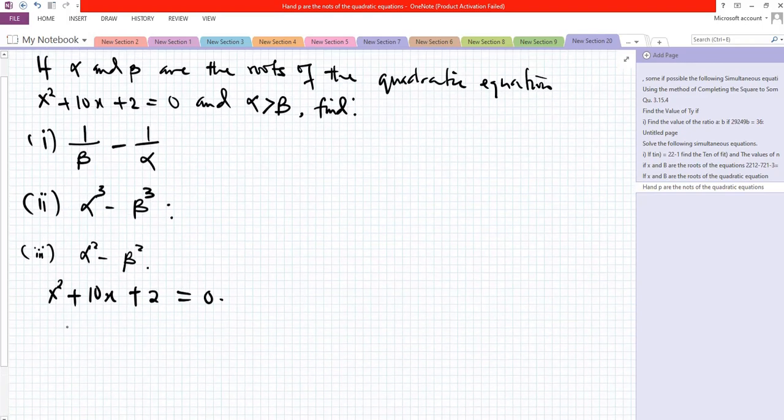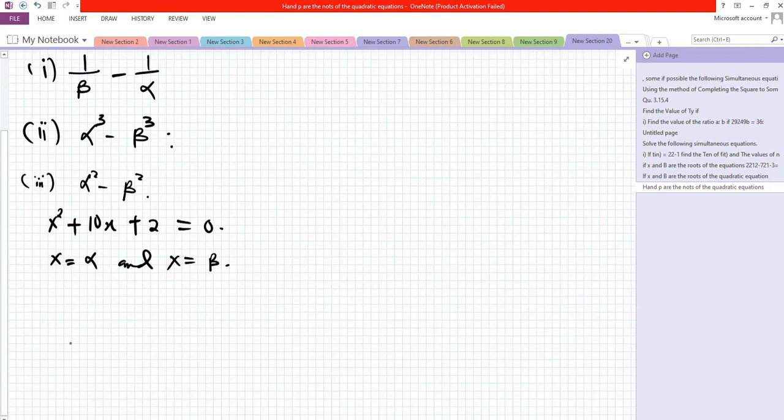Since the roots of this expression are x equal to alpha and x equal to beta, adding minus alpha to both sides, you have x minus alpha equal to 0, because this will cancel out.